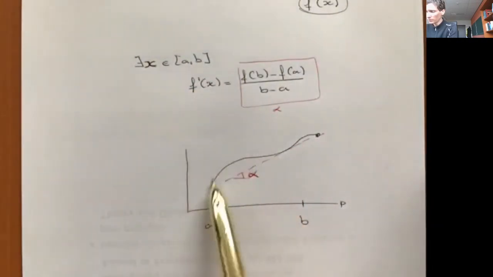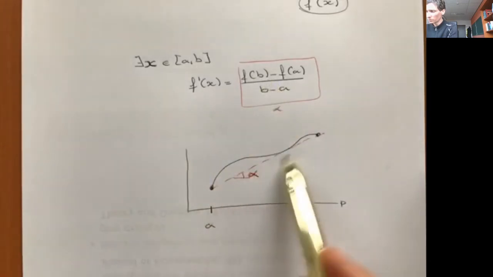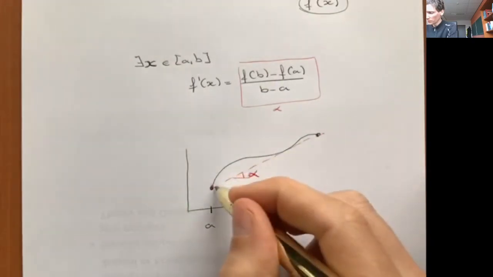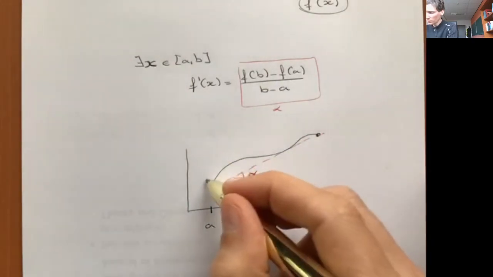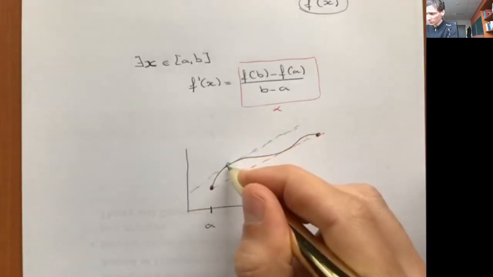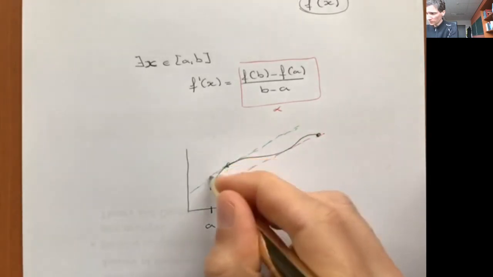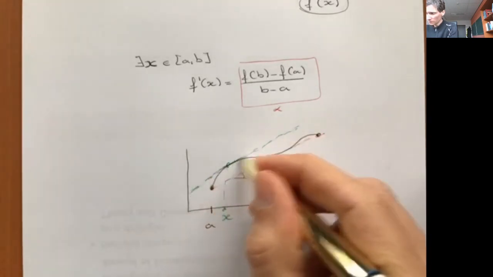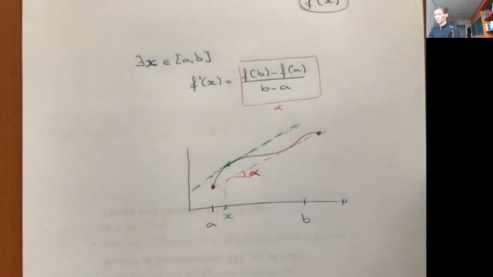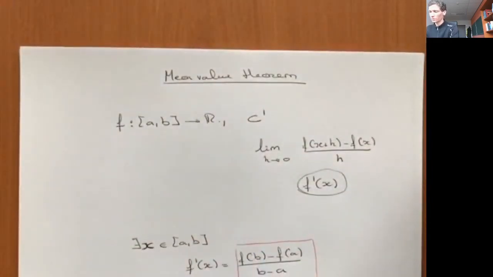That there's a point on the function such that the slope of the function at the point is equal to the slope of this line. If you take a line piece that's parallel to this line and just touches the function, then for example at this point, this could be my x, because the slope of the tangent line, the green line, is equal to the slope of this red line. So that's the graphical intuition behind the mean value theorem.